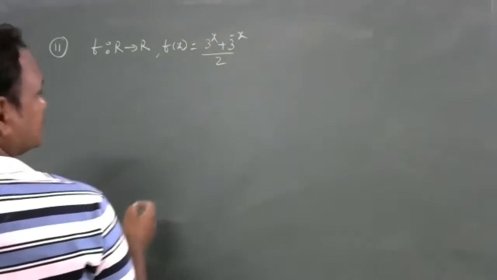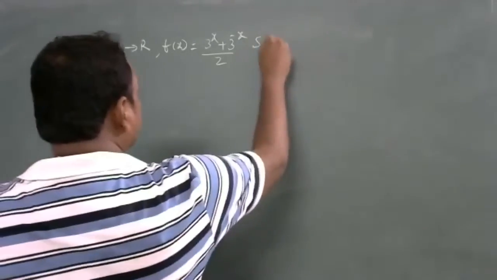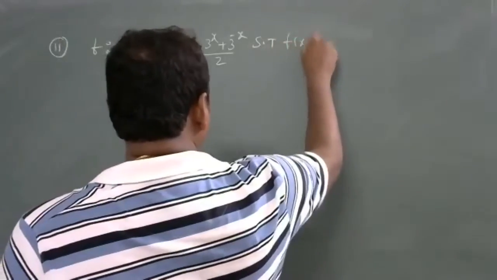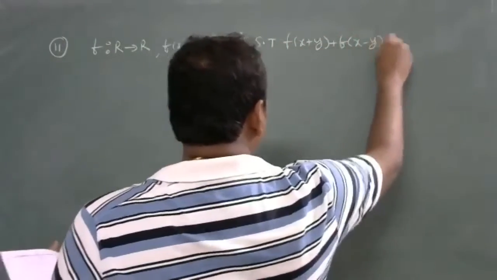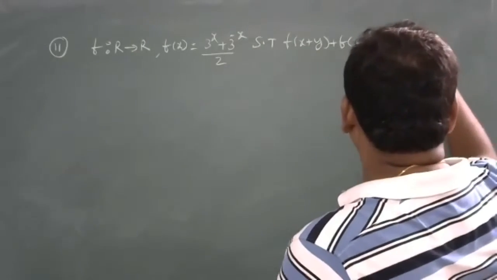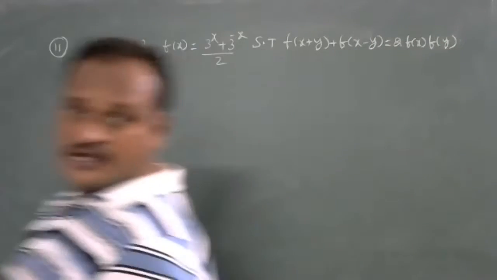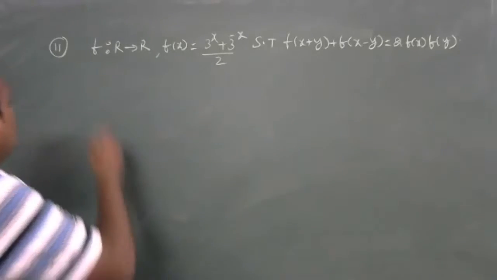Then show that f(x + y) + f(x - y) = 2 f(x) f(y). This is a nice problem, my dear students. We will discuss now how to do this particular interesting problem.